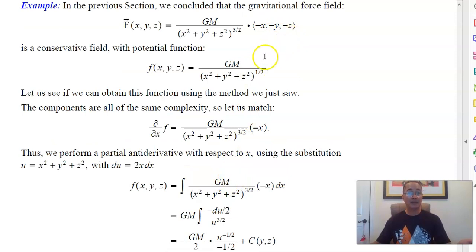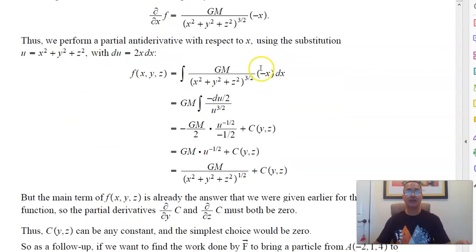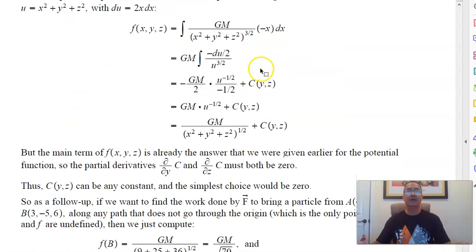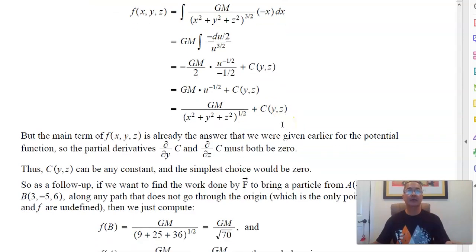Same thing with the minus z. So yes, we can check that those partial derivatives will be just 0. They will go away. So that is just a pure constant. And of course, the simplest choice for that constant would be 0.